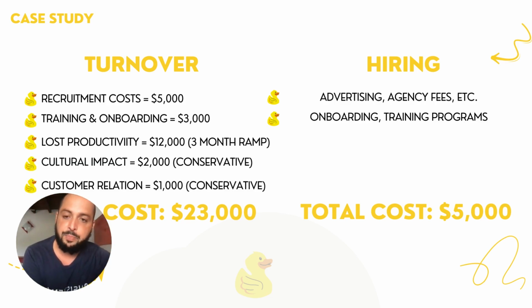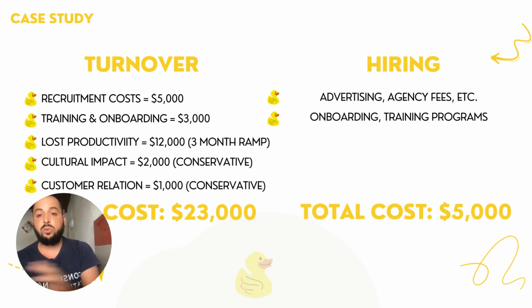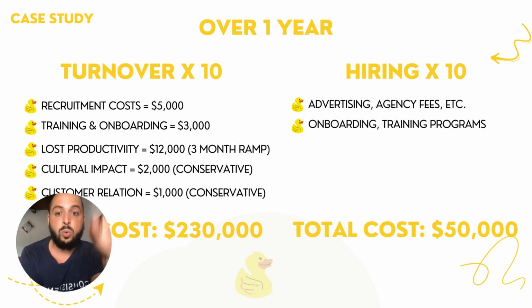Then we look to the right, we have our agency fees, we have our advertising, et cetera, et cetera. We'll just say that costs about $5,000. So let's see this over a year now. And this is where we really start to see the cost of turnover versus the cost of hiring. $23,000 to $5,000 is already a lot. But let's say that it's over 1 year now, and there's 10 people that we lose versus 10 people that we hire.